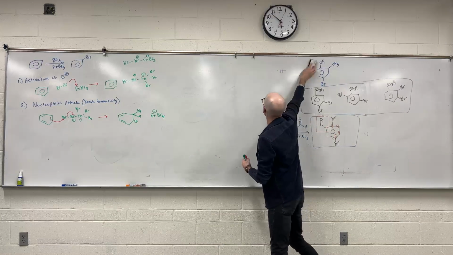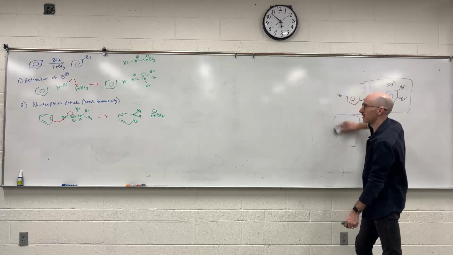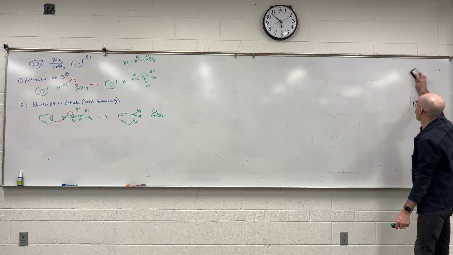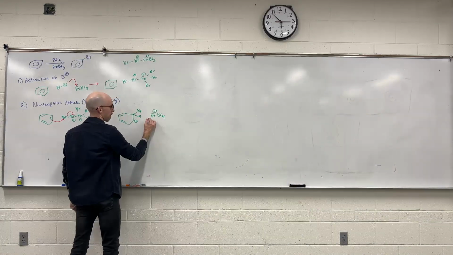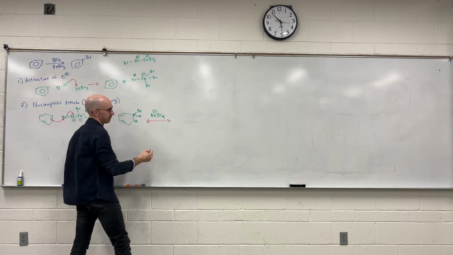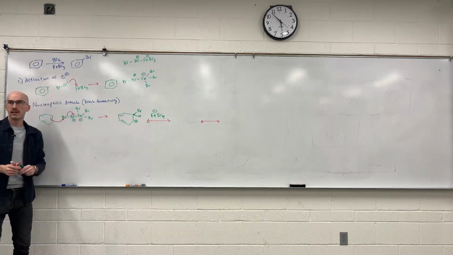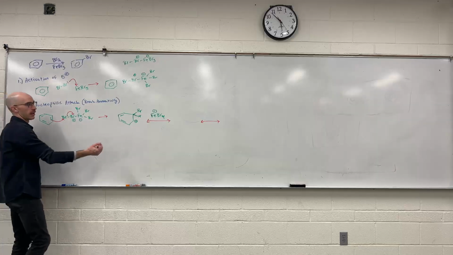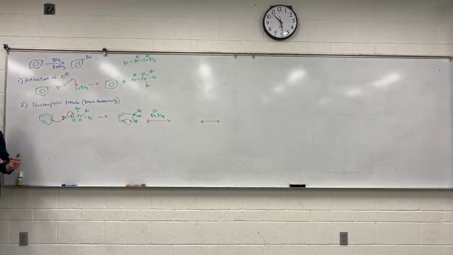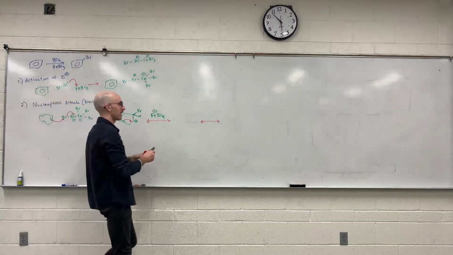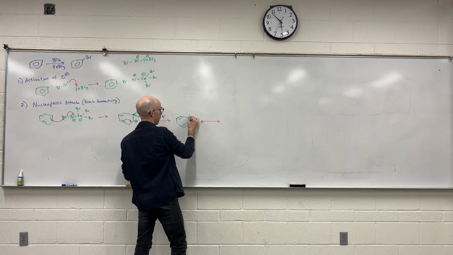Step 2 goes on. This is not the end of step 2. All I have done here is shown one of my resonance forms. There's another and a third. In the first resonance form, the adjacent pi bond moves to the carbocation, leaving in its wake a new carbocation.